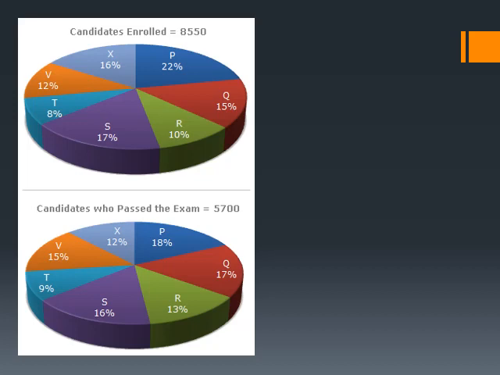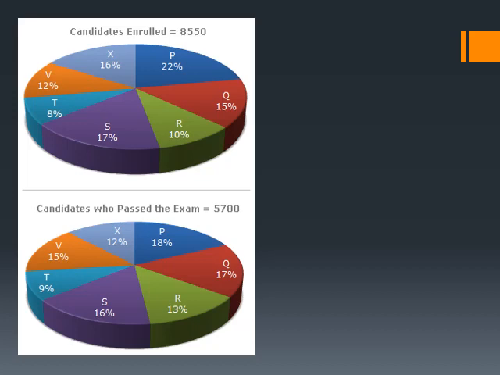So it's basically giving the percentage of students who enroll for an exam. So the total number of students who enroll in an exam is 8,550, and the candidates who pass the exam is 5,700.